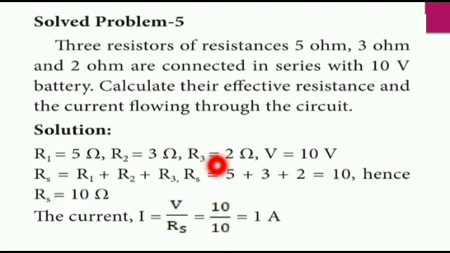So Rs is 5 plus 3 plus 2, which is 10. Therefore, the total resistance is 10 ohm. According to Ohm's law, V is equal to IR, I is equal to V by R, which is 10 by 10, so I is equal to 1 ampere. Any doubt, students?